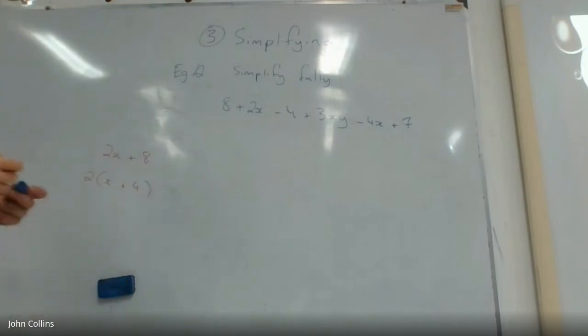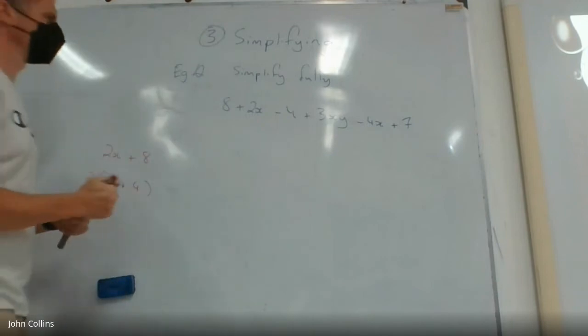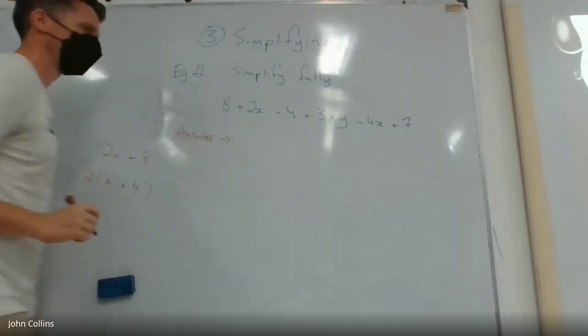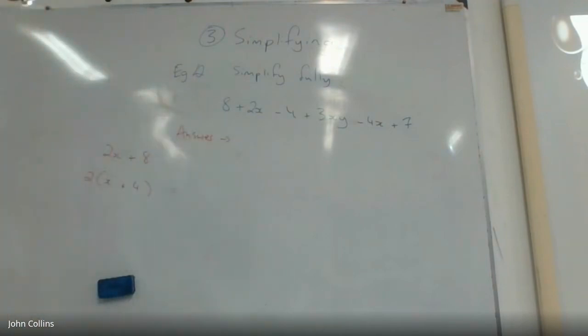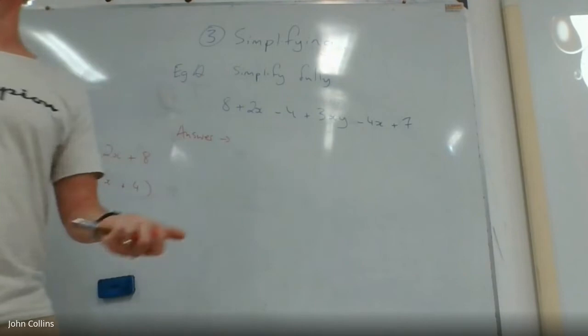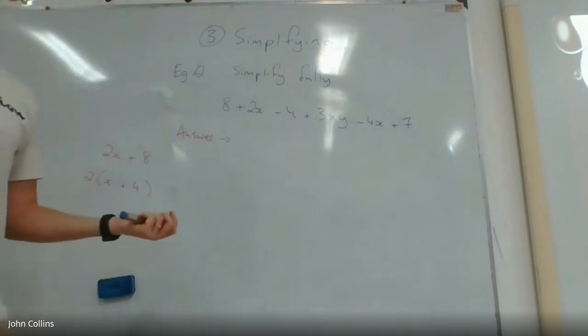So at the end of this, will I get an x equals? No, because there's no equal sign. So what happens a lot is people try to solve this, even though there's no equal sign. Can't solve something unless I know what it equals.